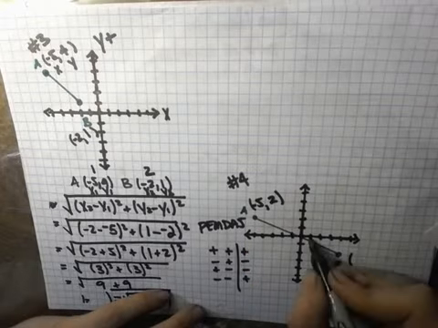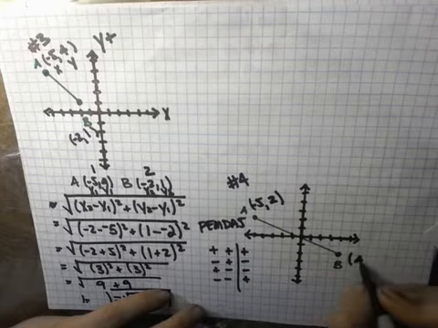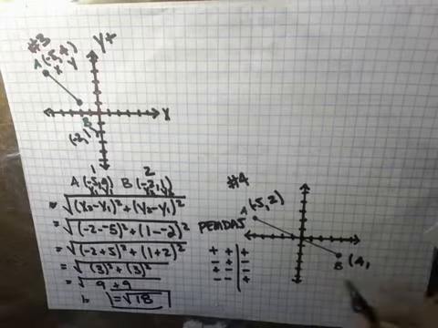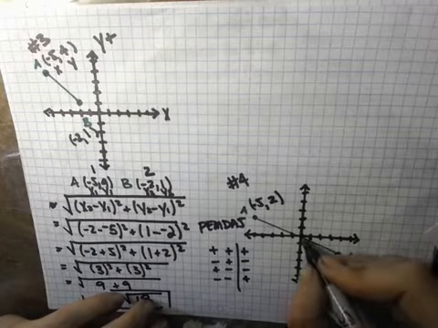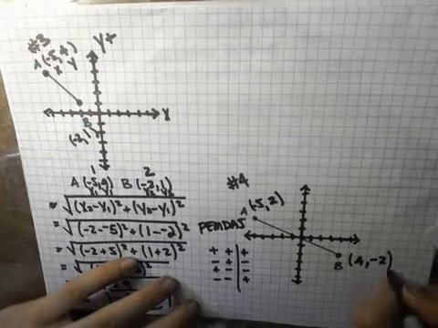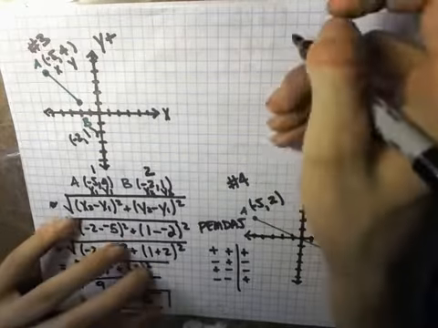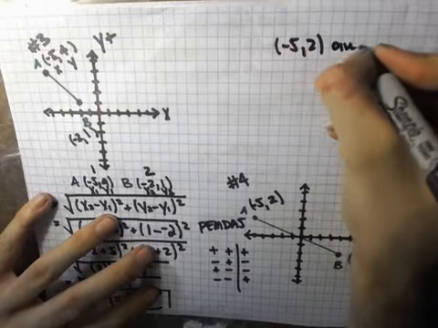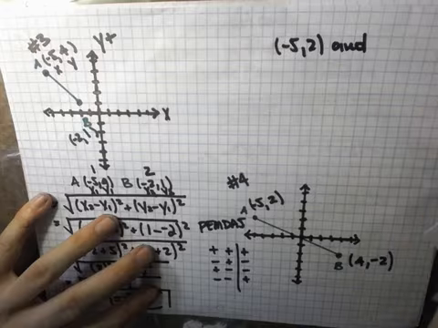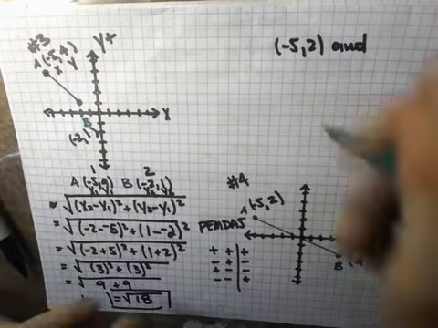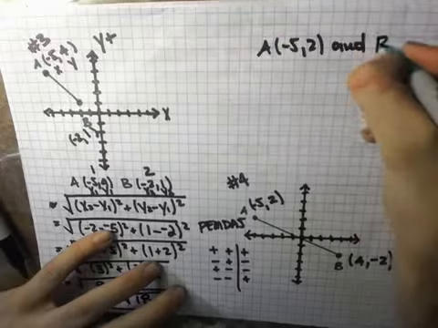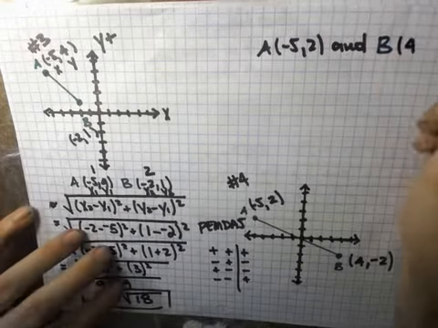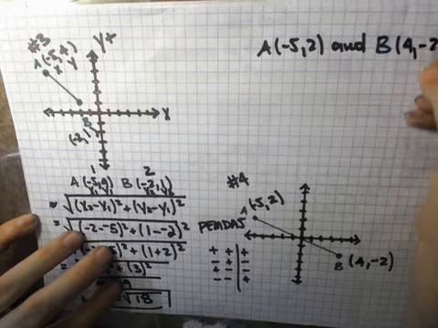B, we're moving to the right, 1, 2, 3, 4, positive 4, then we're moving down 2, so if we fall on the y-axis for our y value, we're becoming negative, so negative 1, negative 2. Okay, so now we have our 2 points. We have negative 5, comma 2, so this will be A, and then we have B, which is going to be 4, comma, negative 2.